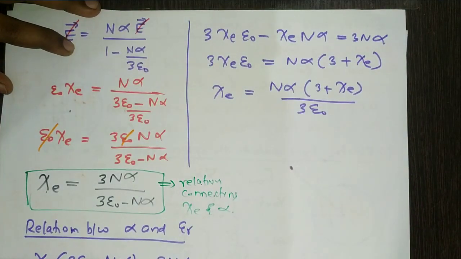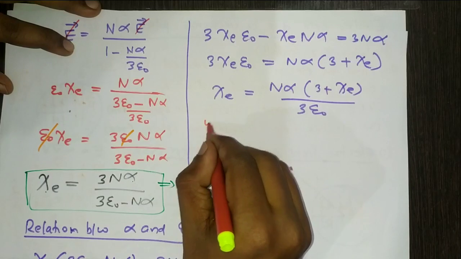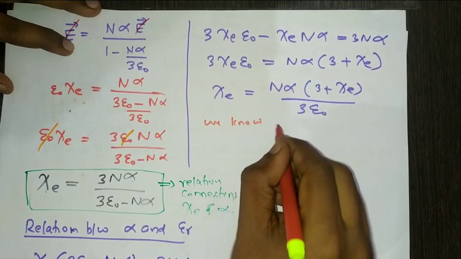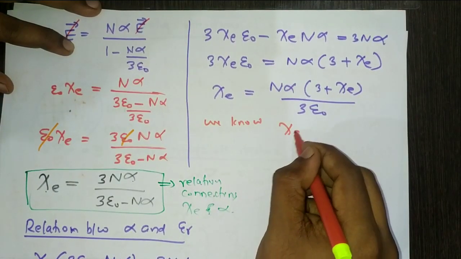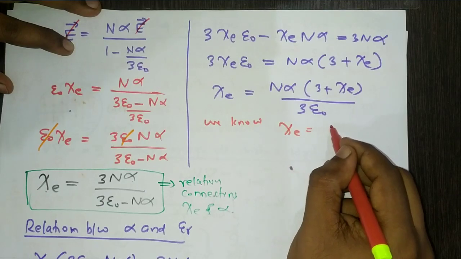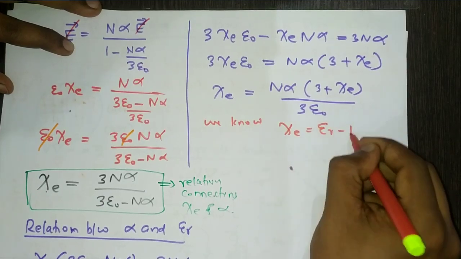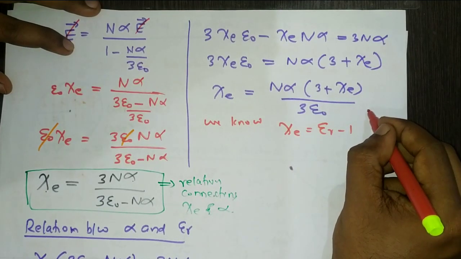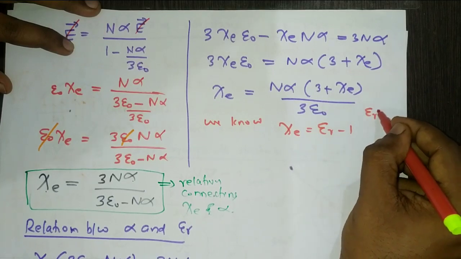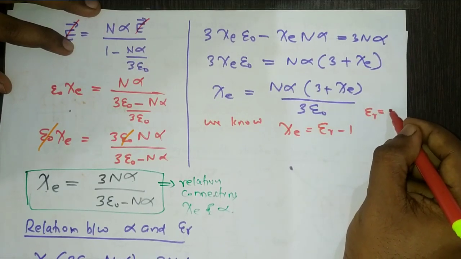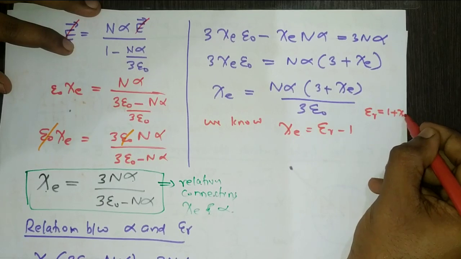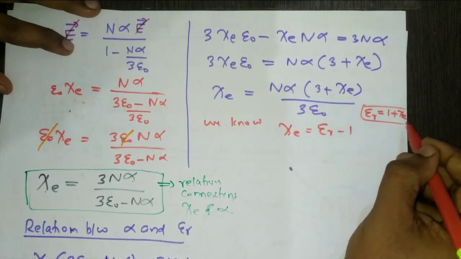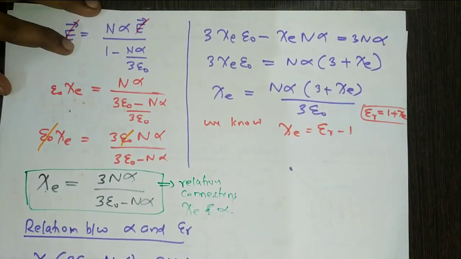Actually, we know the relation between the relative permittivity epsilon r and electric susceptibility: epsilon r is 1 plus chi E. From this relation, you can write chi E is equal to epsilon r minus 1.